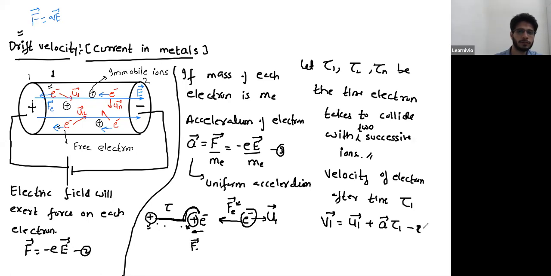Right? Yes. If acceleration is constant, you can use uniformly accelerated motion. This was in class 9th and class 11 syllabus, V is U plus AT. So I'm using the same expression. U is the initial thermal velocity, which is U1. A is acceleration, and instead of time, we are using tau. Clear? Yes, sir.